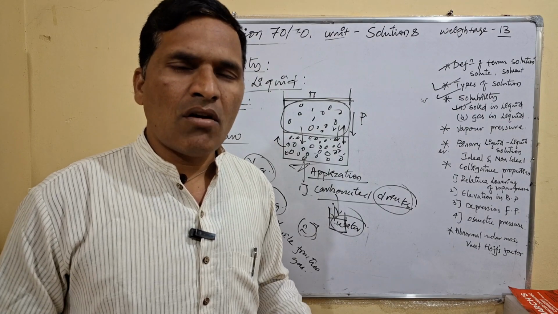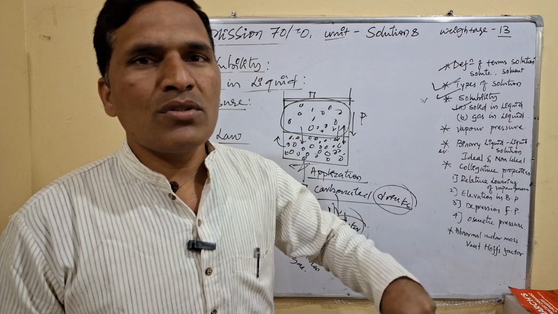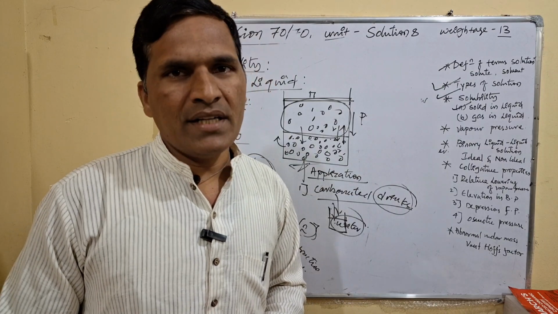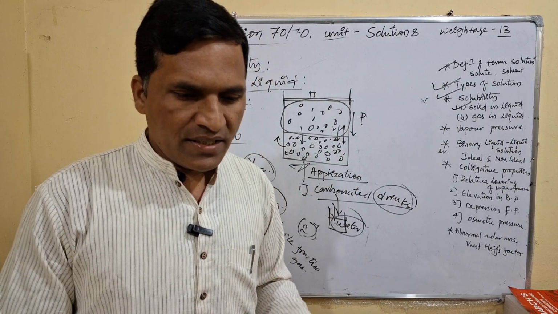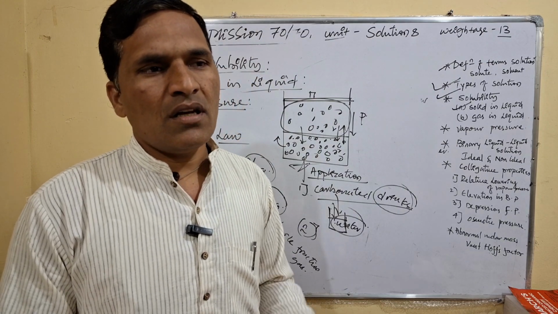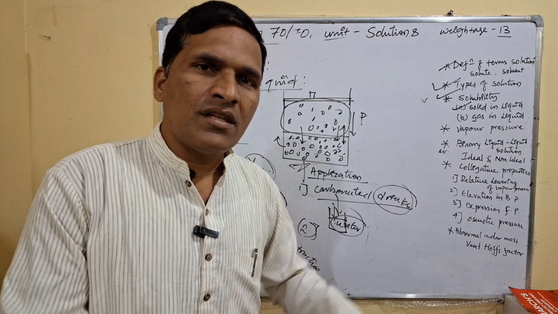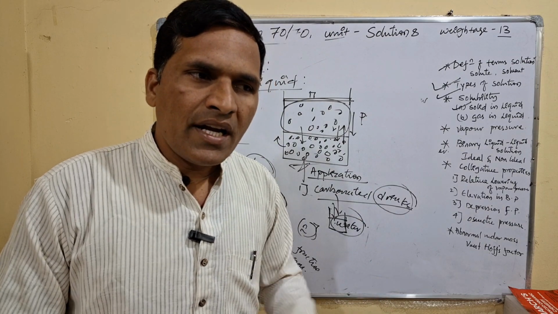There they use oxygen cylinders, and these cylinders generally contain oxygen mixed with dinitrogen. When scuba divers go into the deep sea, a lot of pressure will be there. So then a large amount of nitrogen gas will dissolve in the blood. Actually the dinitrogen is used to dilute the oxygen. So the dinitrogen concentration increases when you reach the deep sea.